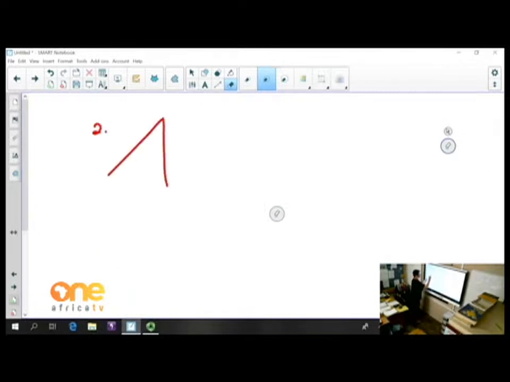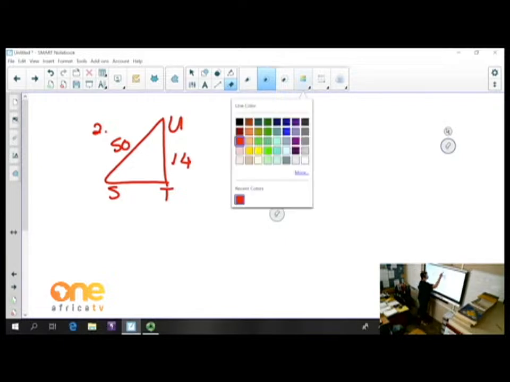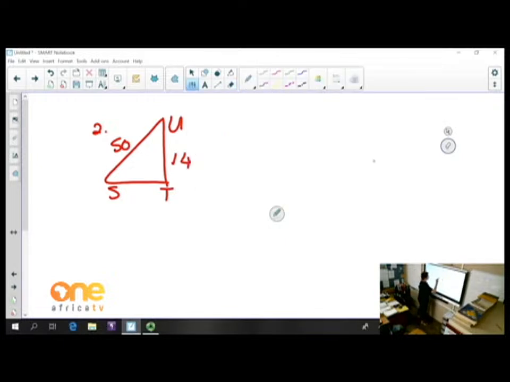Right, the second one. So this is triangle STU. T is 90 degrees, so STU. TU is 14. SU is 50. And we have to find ST. Are we going to add or subtract? We're going to subtract. So it will then be 50 squared minus 14 squared, in brackets there.